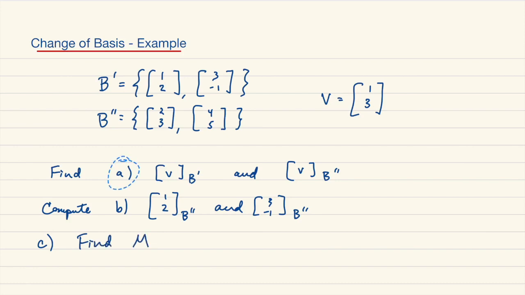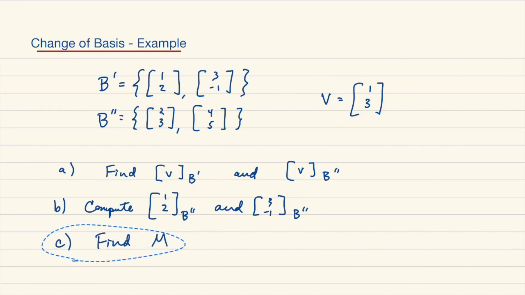By the way, I'm slightly annoyed and slightly distracting myself because I wrote these in a funny order here. So A, I want to find the vector v with respect to B prime and B double prime. Secondly, I want to find the basis vectors in B prime with respect to B double prime.